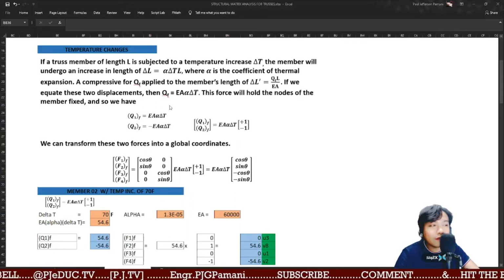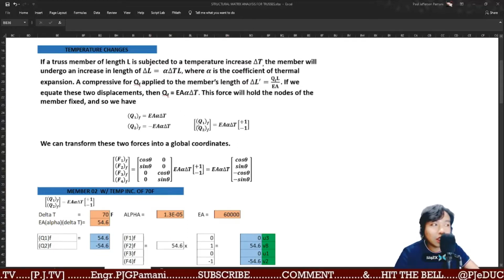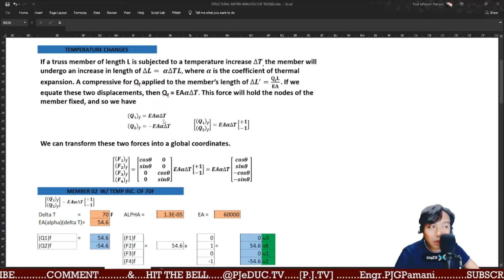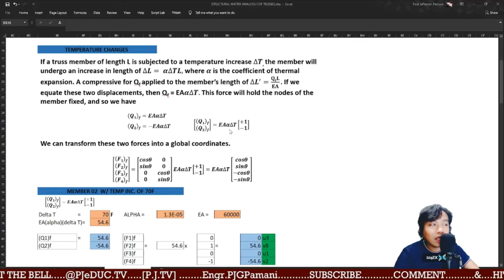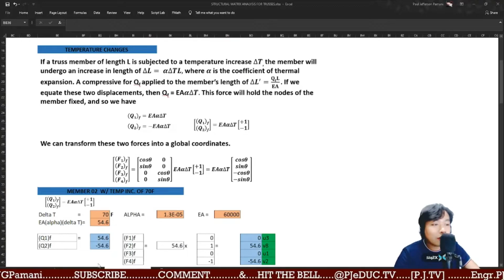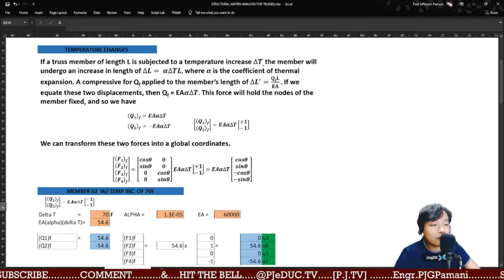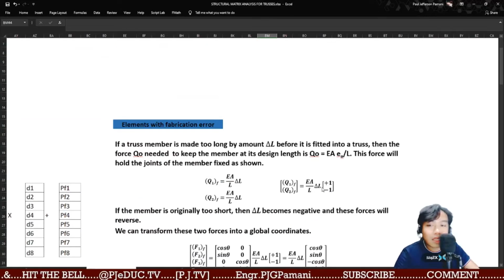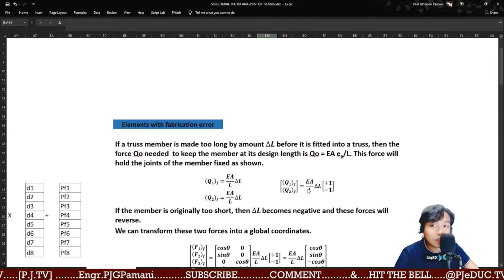So as we have now the equivalent force, or the additional force needed for the steel member to fit with regards to the thermal expansion, that is now Q of EA alpha delta T times the matrix of positive 1 and negative 1. So from last meeting, or from the previous example, remember, that is EA over L times delta L. That is only due to the fabrication error.